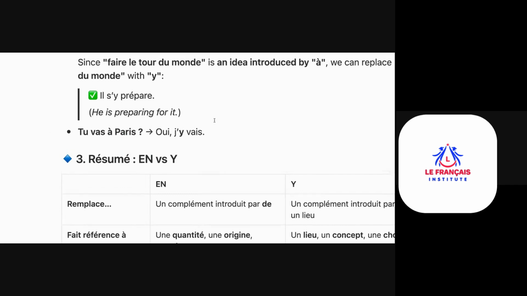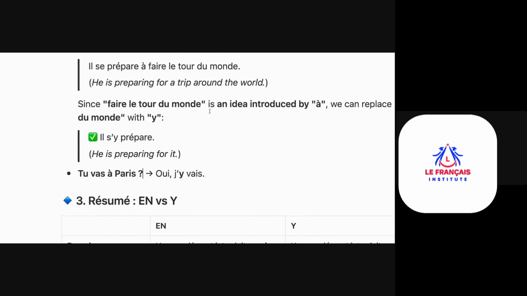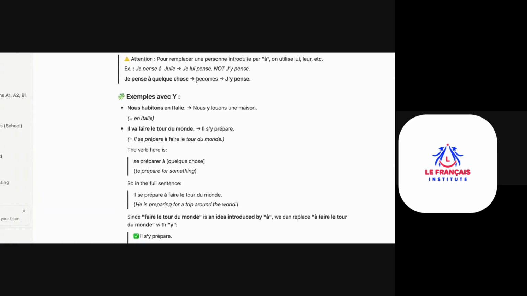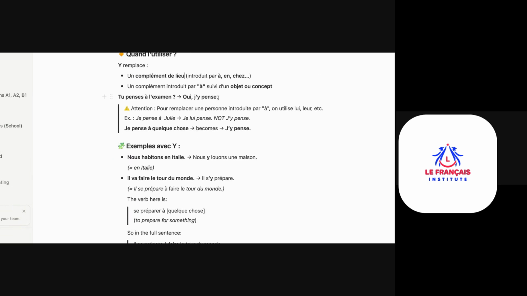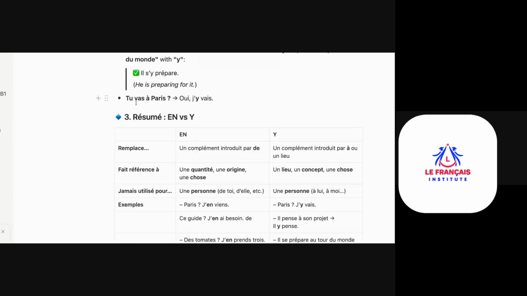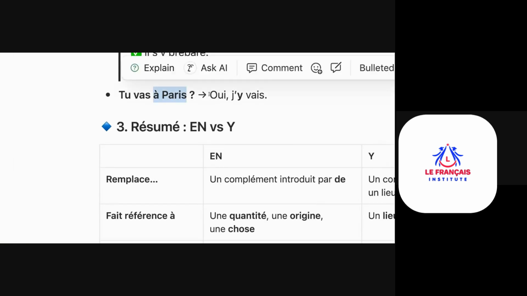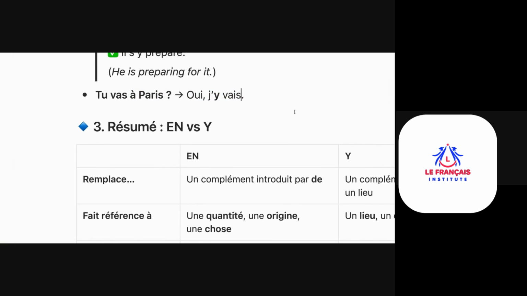Tu vas à Paris. As we had discussed, any place complement introduced by à or chez, dans, etc. So here we are using à Paris. That's a complément de lieu introduced by à. So we will use Y to replace it. We will not use à Paris anymore. Oui, j'y vais.